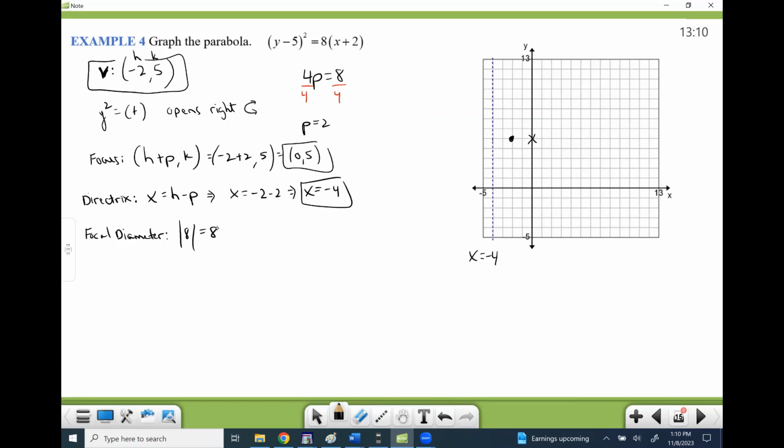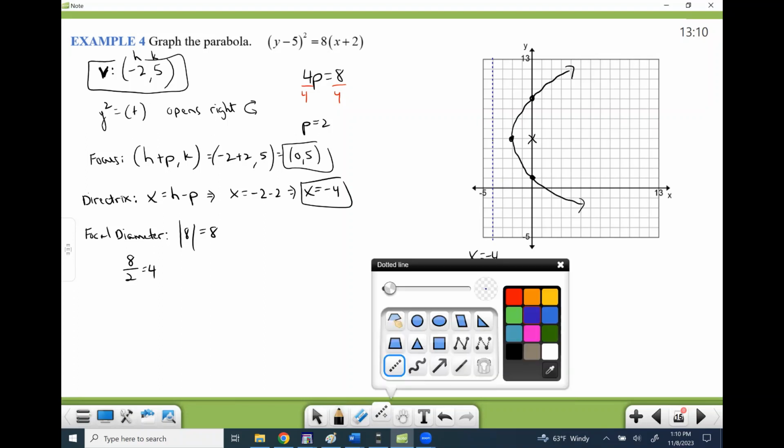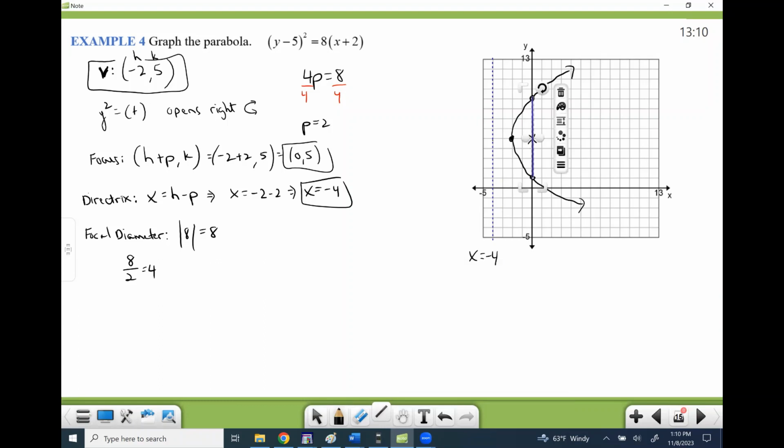So our focal diameter needs to be 8 long. We divide that by 2, and we get that we need to go 4 in each direction from the focus. So 1, 2, 3, 4 up, 1, 2, 3, 4 down. Now we know how wide to make our parabola. And that gives us the focal diameter of 8 long, since we went 4 in each direction.